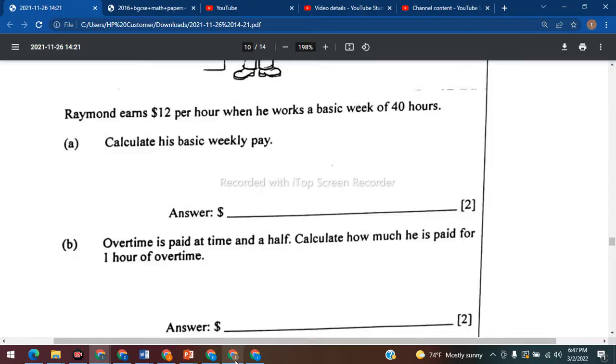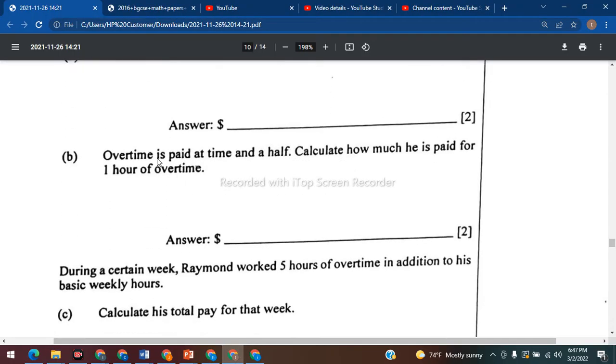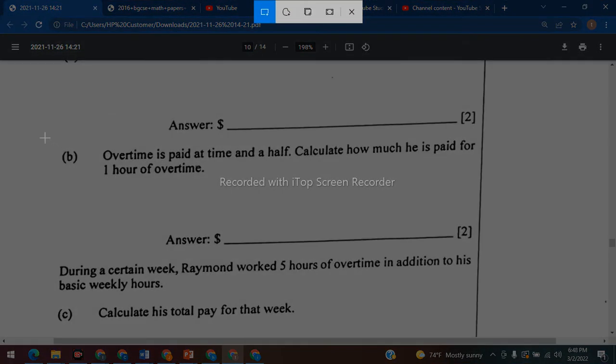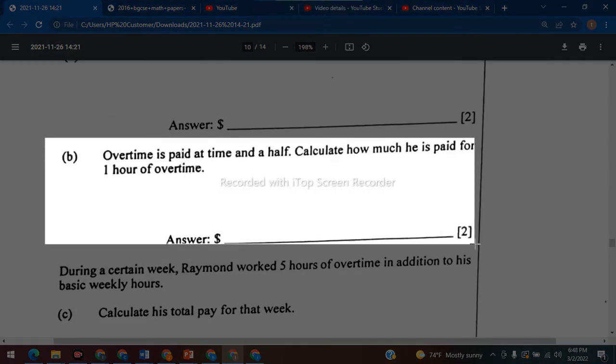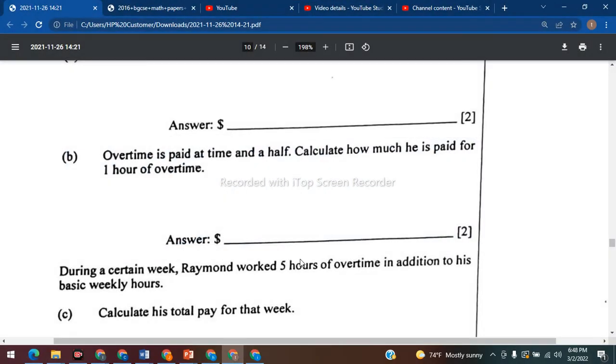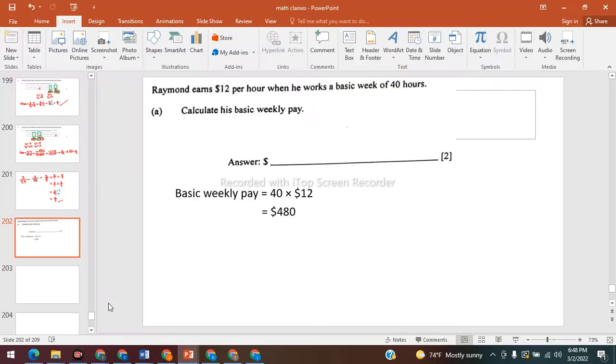Next up is overtime is paid at time and a half. Calculate how much he's paid for 1 hour overtime. How are we going to do this? Time and a half. Anyone remember? What did we say? 1.5. 1.5 times 12.